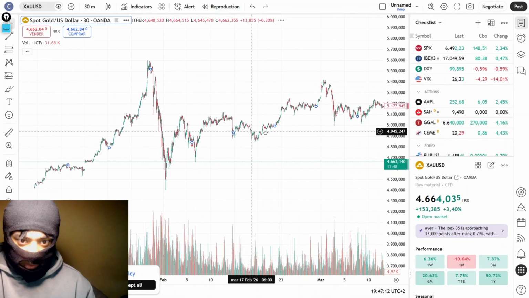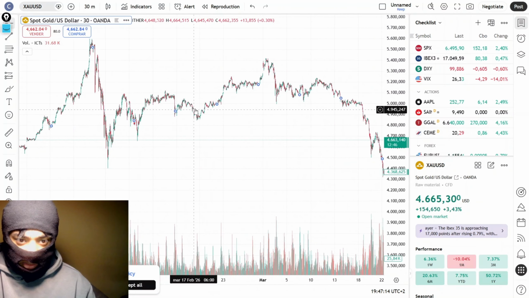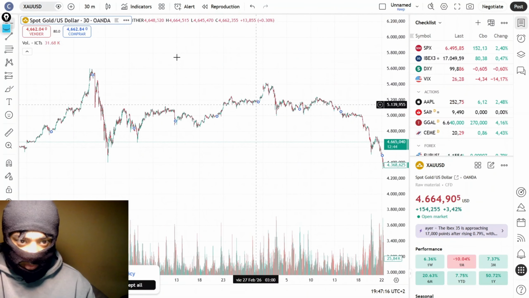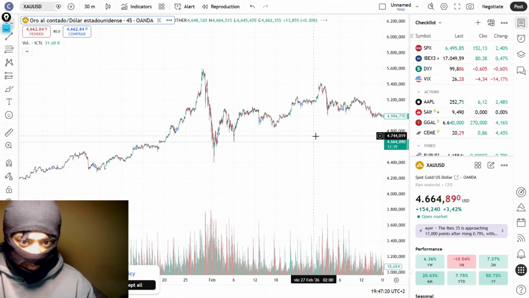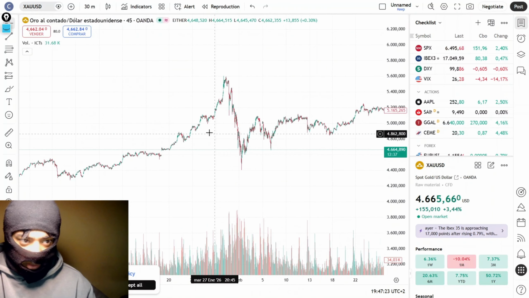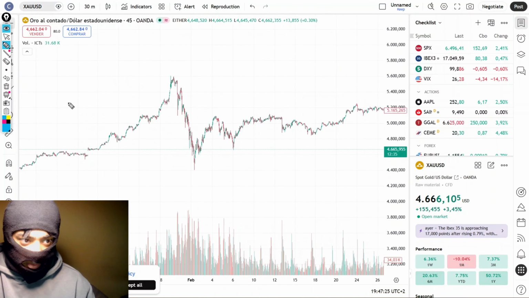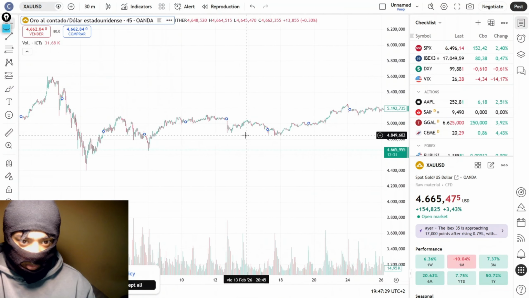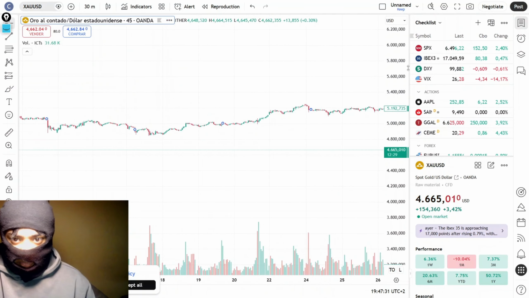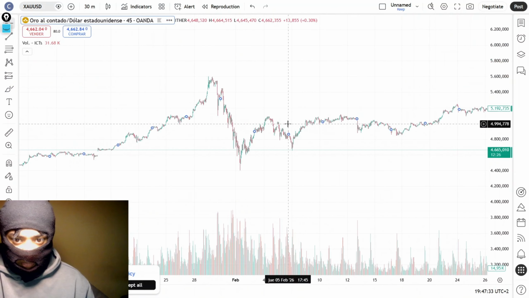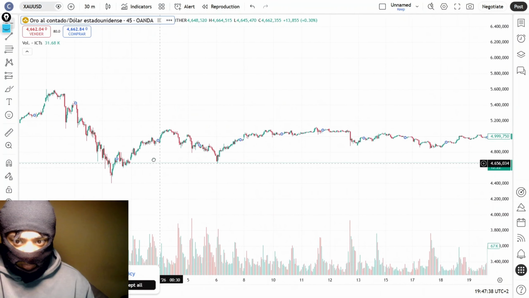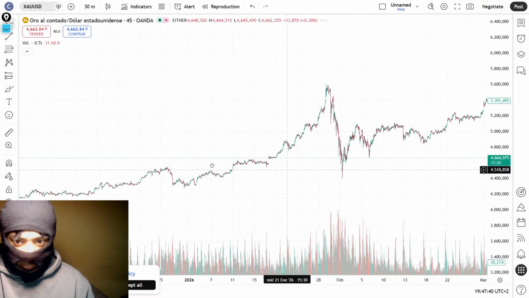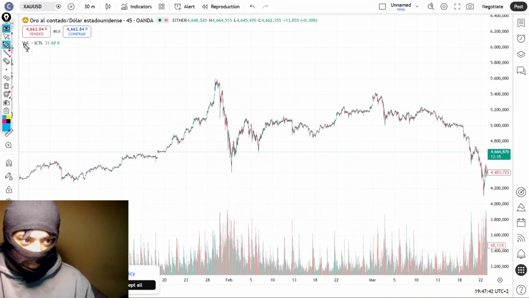Let us see, for example, the same thing happened here in gold. If we go a little bit higher time frame, the same move happened here. So let me do this. Same thing happened here.